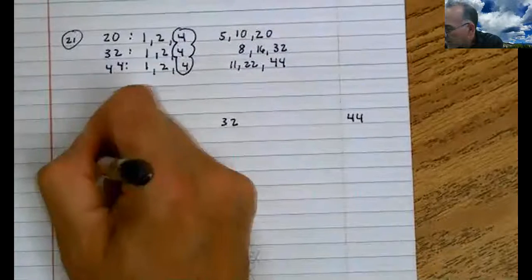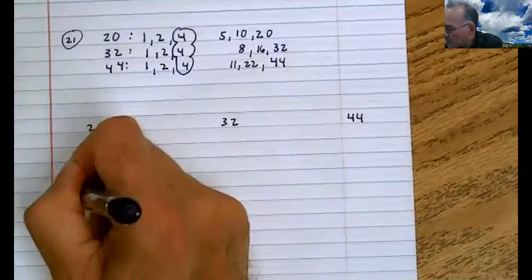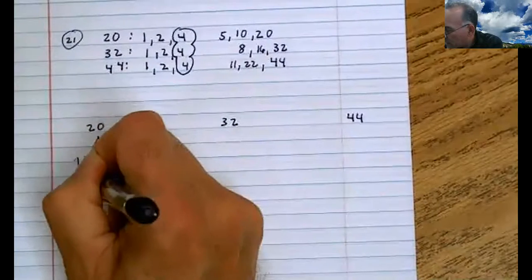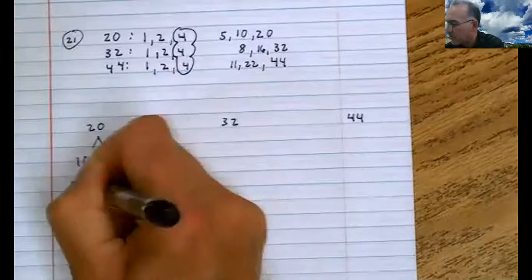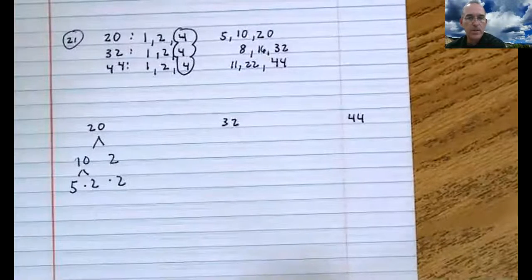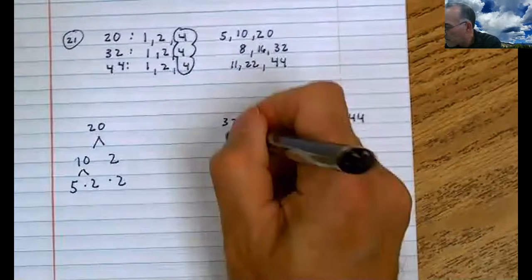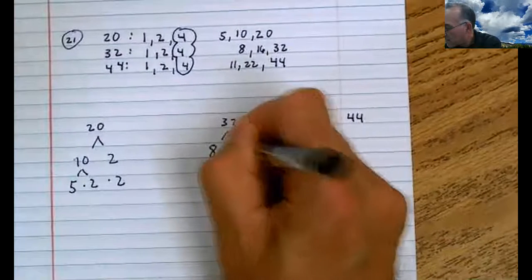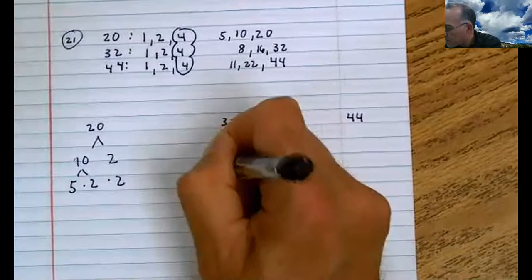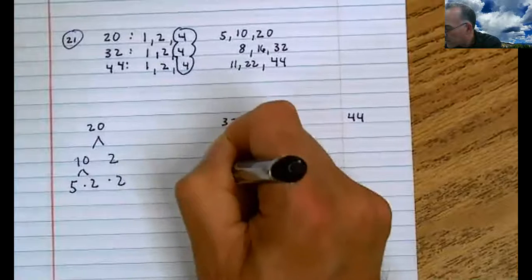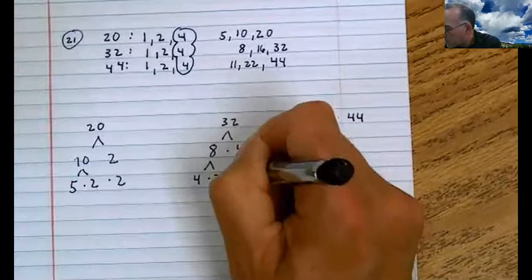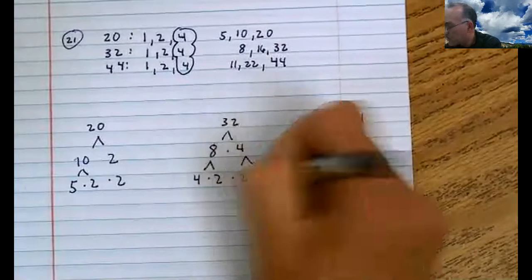I have 10 times 2, 5 times 2 times 2. Let's take a look at the 32. This one's done. Let's do this one here. 8 times 4, 4 times 2, 2 times 2.